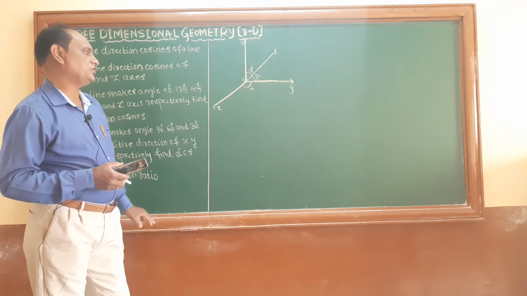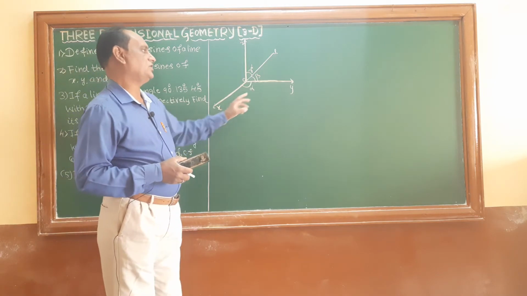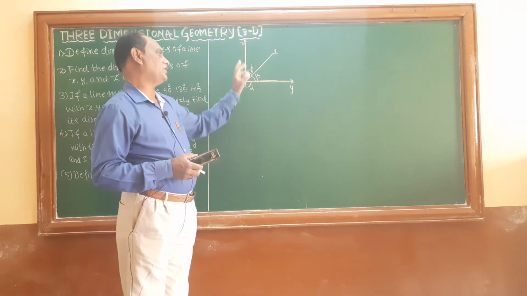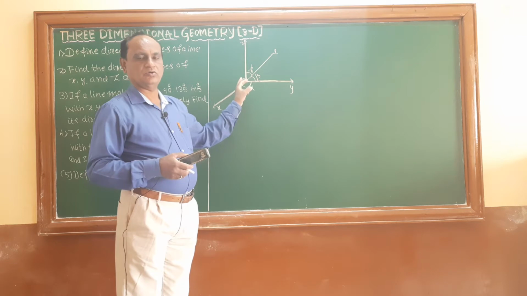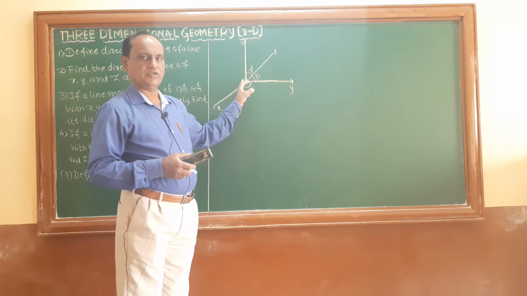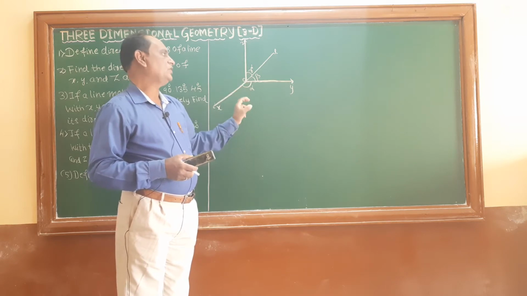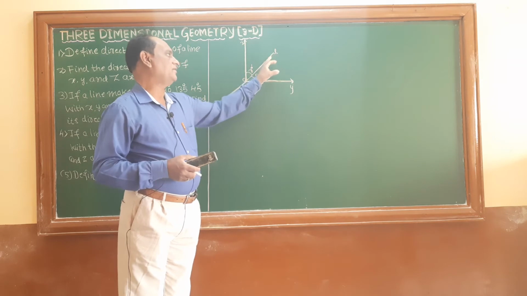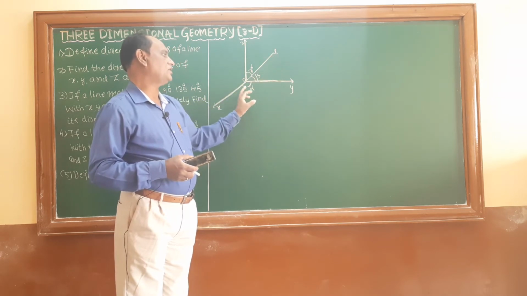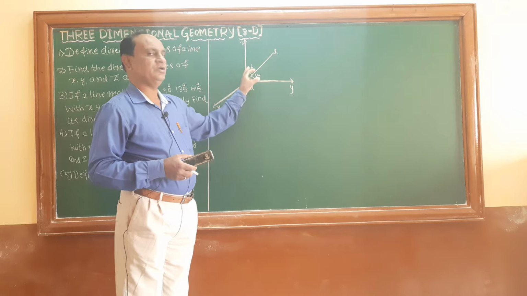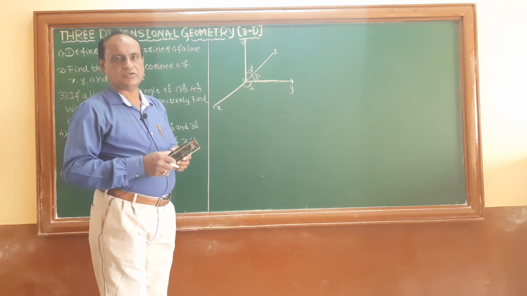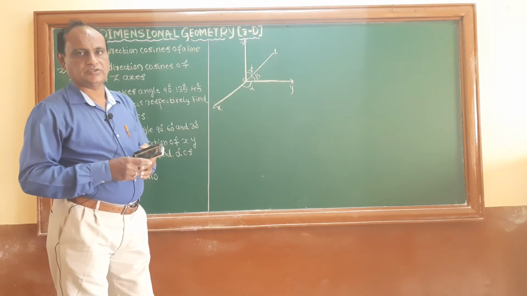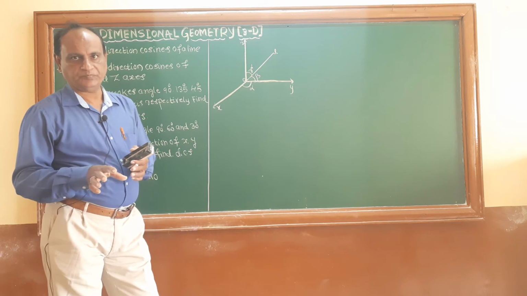3D usually means the x axis, y axis and z axis, with the origin 0. The line L makes angles alpha, beta, gamma with the x axis, y axis and z axis respectively.